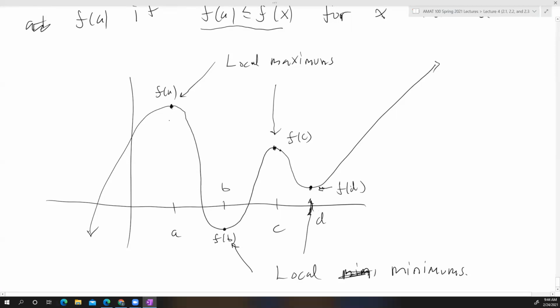So f of A is not greater than every single other point on the plot, because for example right here, this point is higher than this point right here, f of A. But f of A is greater than every other value on a small neighborhood. Say here, this neighborhood of A right here. And we're not saying that f of A is greater than all the other values on every single neighborhood, just some neighborhood.